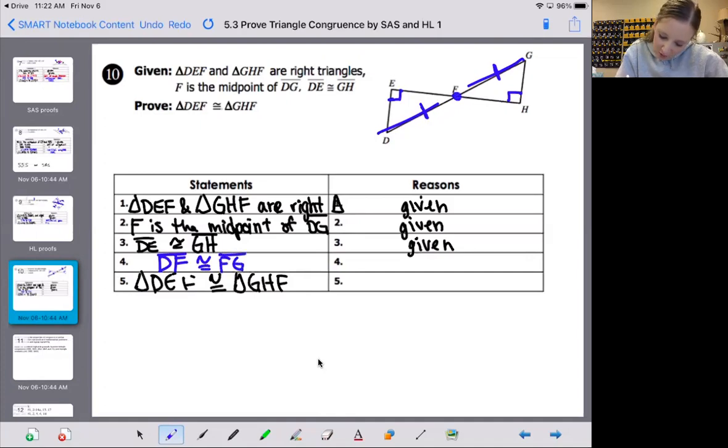So definition of midpoint. And then that was a hypotenuse on both of those. And then also in the proof, they said that DE was congruent to GH. So that's a leg. And so if you notice, we got enough, right? We have hypotenuse and we have leg.